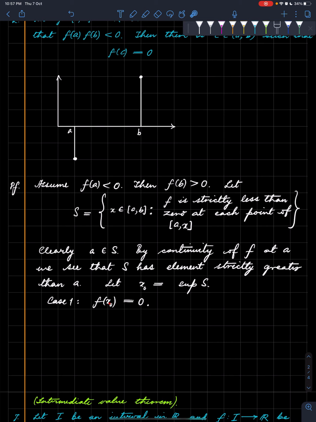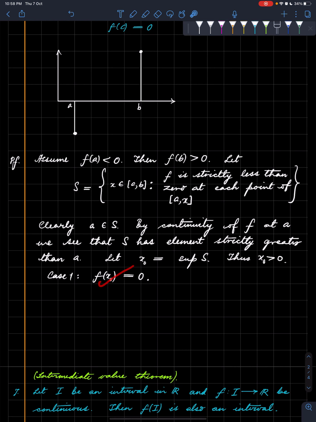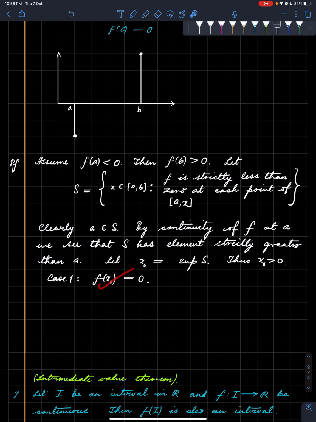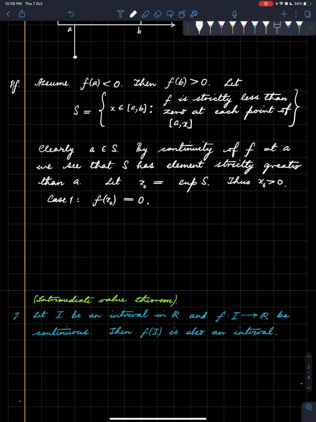So x naught, assuming this case, in fact not even assuming that case, just by this writing we see that x naught is strictly greater than a, and in this case we see that x naught better be less than b, and therefore x naught satisfies the requirement for c. Alright, great. So this case is favorable.